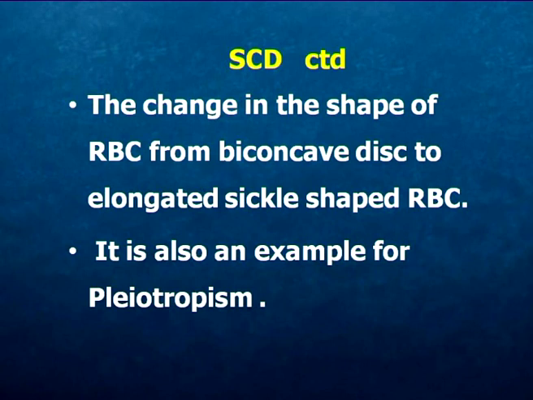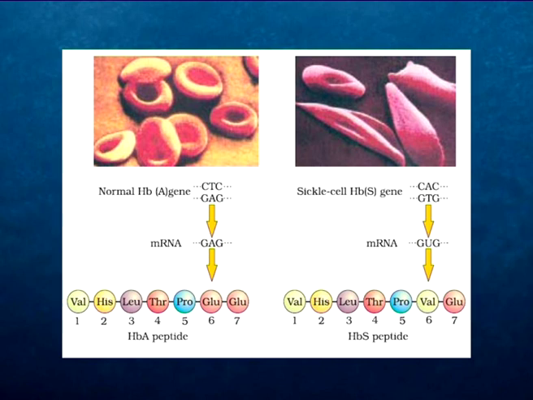Now, this sickle-shaped RBC, they clump together and undergo agglutination and hemolysis. It is also an example of pleiotropism, that is, sickle cell disease is also an example of pleiotropism next to phenylketonuria.